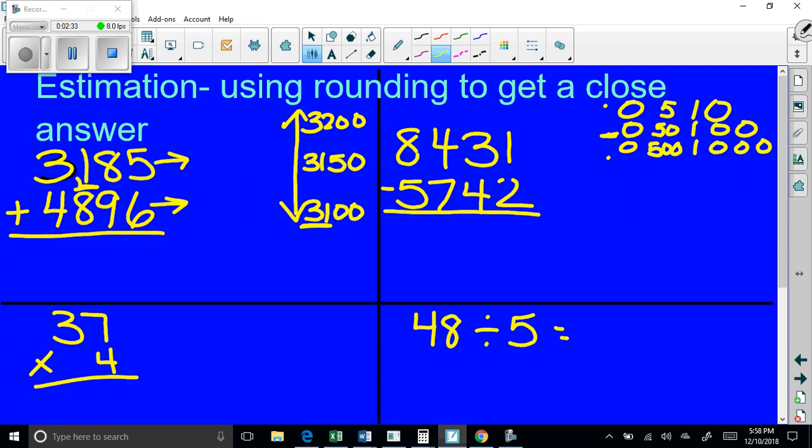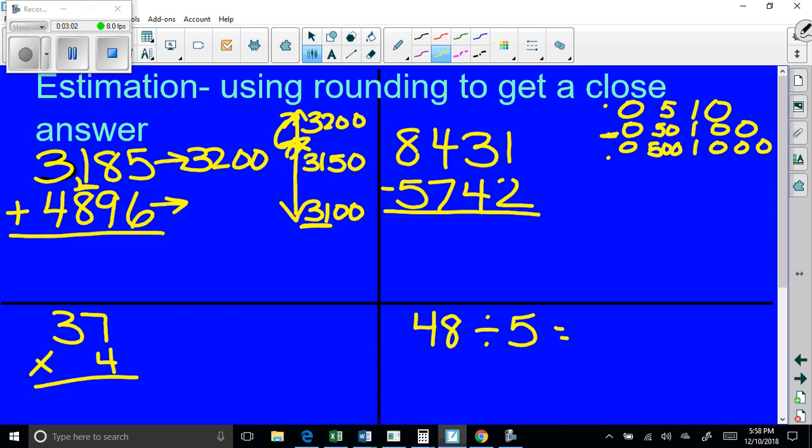So when I put the number that I'm trying to round, 3,185, on this number line, I'm going to use my midpoint to compare. I know that 3,185 is more than 3,150. So it goes about right here and it rounds to 3,200. So I'm going to use about 3,200 and then I'm going to do this number line process in my head when I'm doing it.